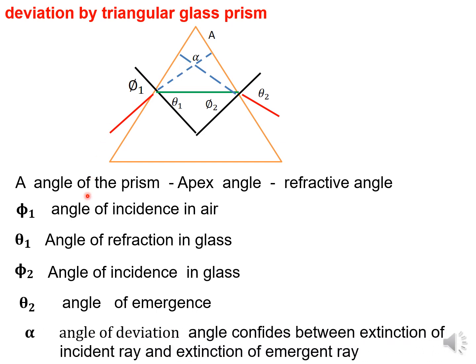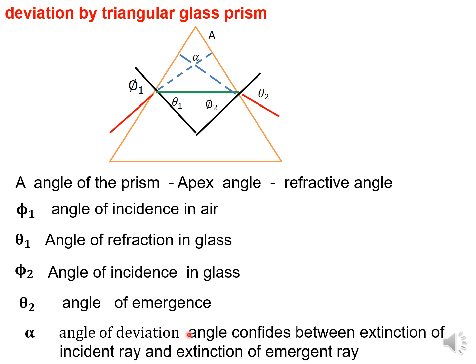Alpha here is the angle subtended between the extension of the incident ray and the extension of the emergent ray. Angle alpha is called the angle of deviation.